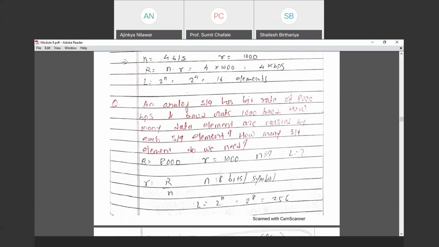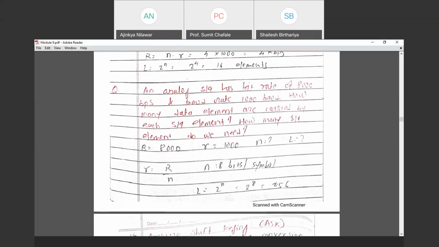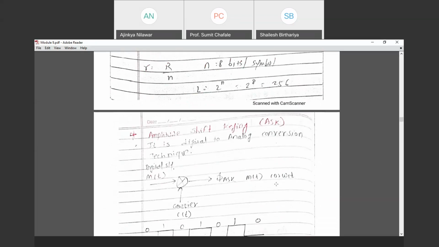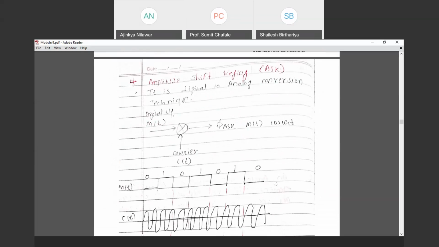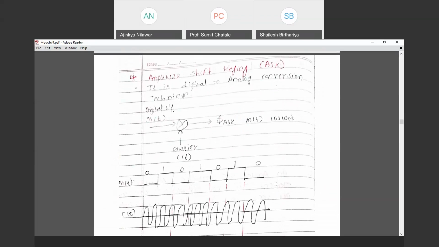We need to calculate the number of symbols and total length. The formula is the same. Small r is equal to R by n, from which we get n, that is bits per symbol, and then length is 2 raised to n, that is 256. So this is how there is a differentiation between bit rate and baud rate.